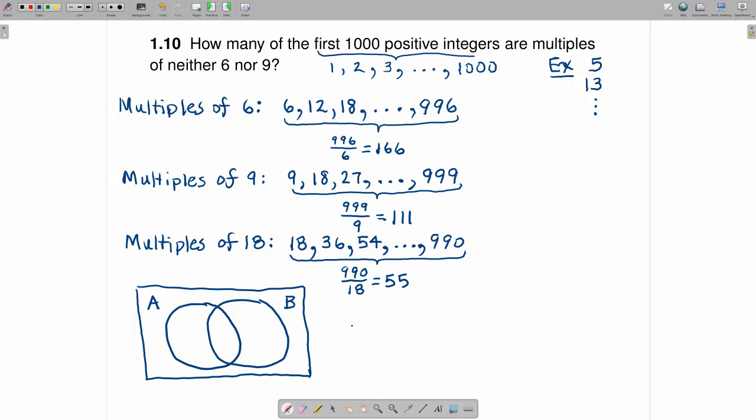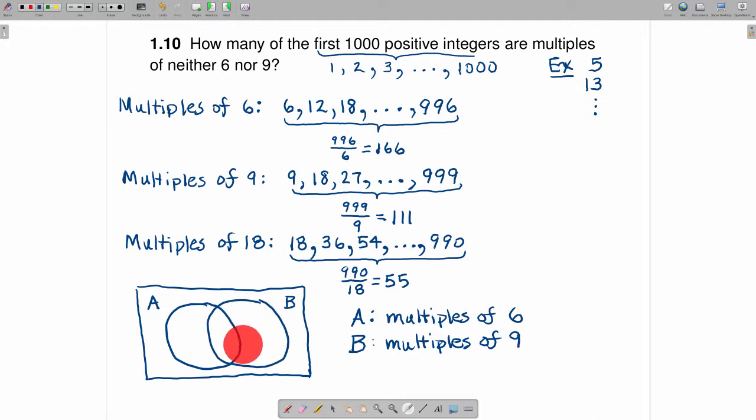And A in this Venn diagram will be all of the multiples of 6. So in this circle right here would go all of these numbers, 6, 12, 18, etc. And the set B here will be multiples of 9.